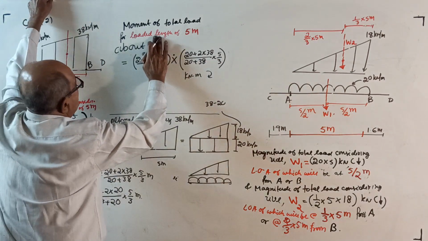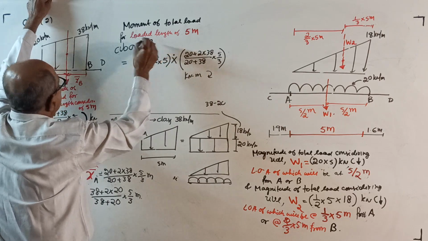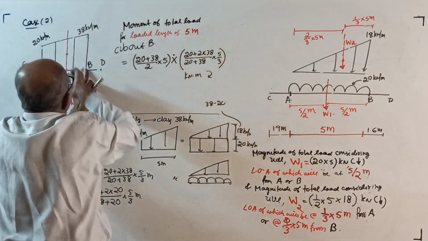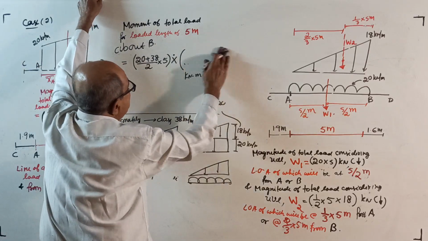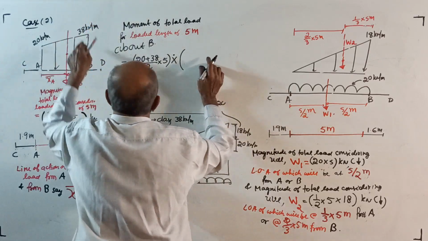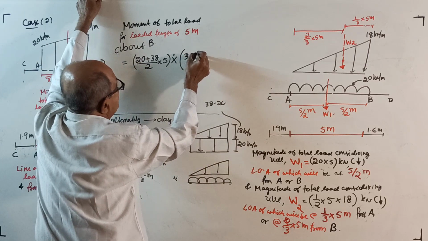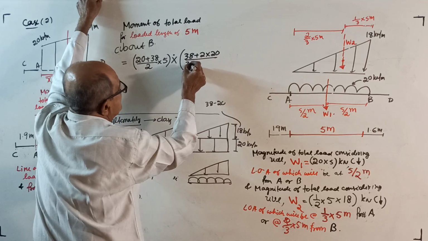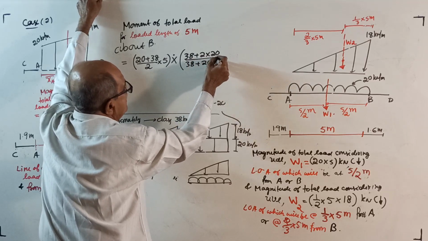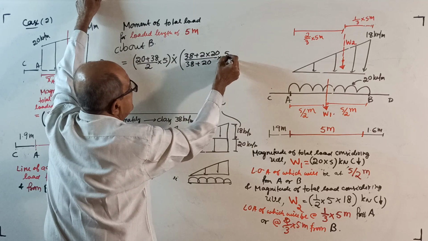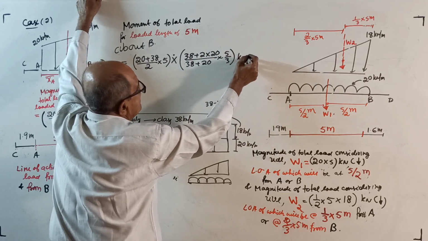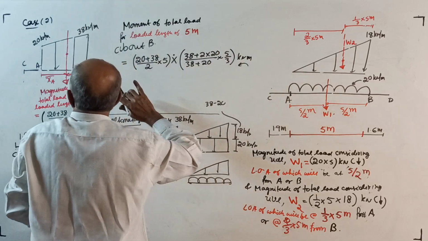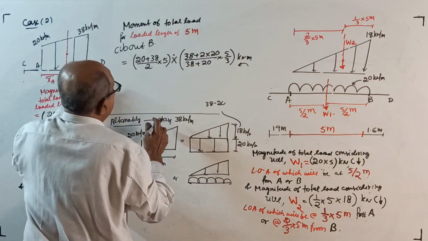Now, moment about B. Total load same, but the distance is now changing from here: (38 plus twice of 20) divided by (38 plus 20) into 5 by 3 kilonewton meter, anti-clockwise. Okay, about B over.